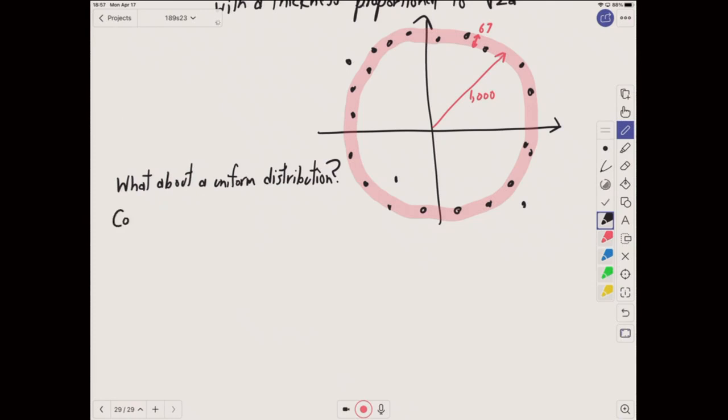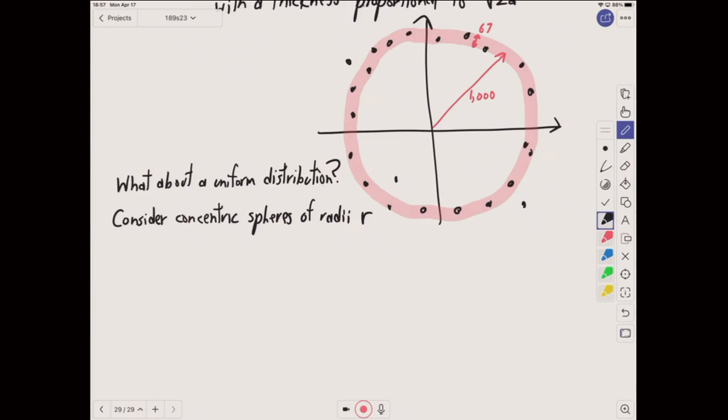I want you to consider two concentric spheres. One sphere is going to have radius r. And what I'm going to do is draw a bunch of random points from a uniform distribution in that ball of radius r.